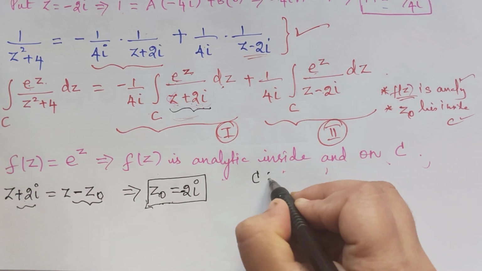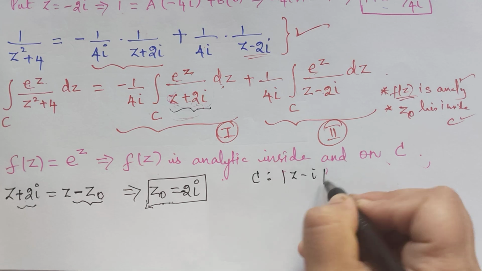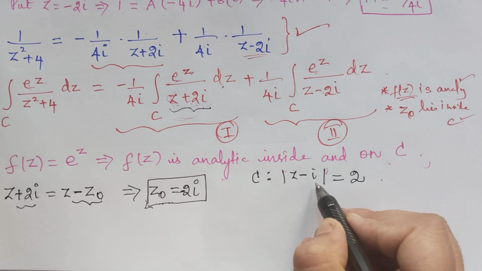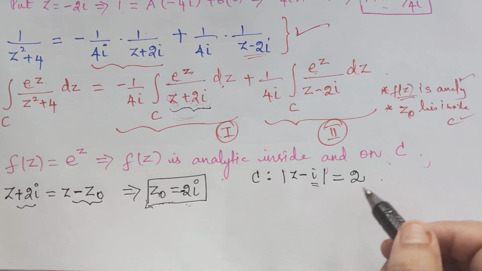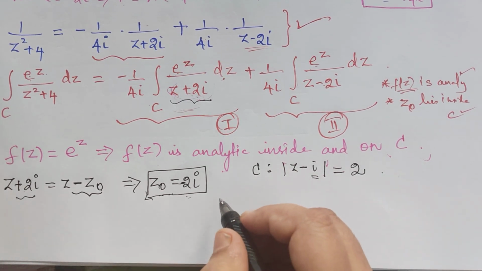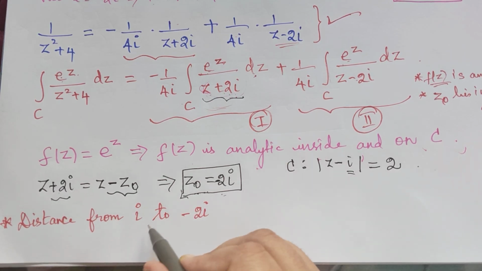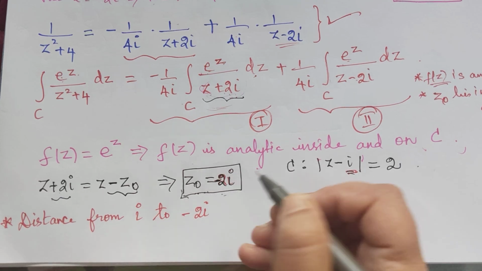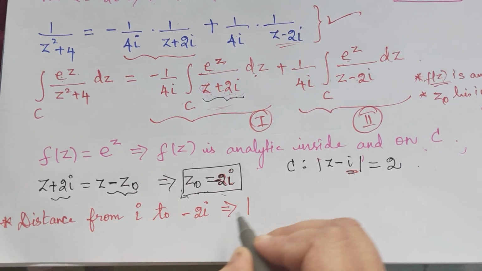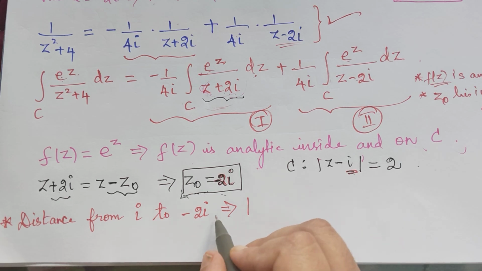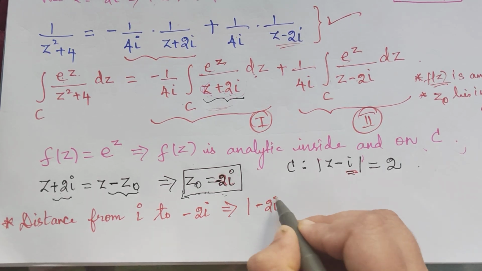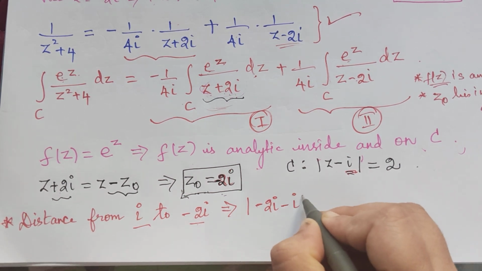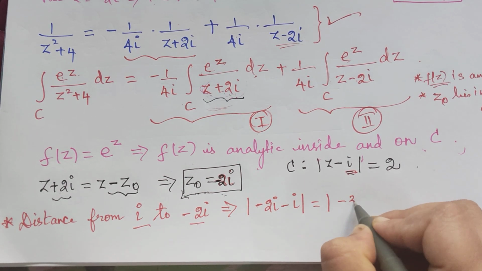We know that C is modulus of z minus i equal to 2. First we shall see the distance between the center and this point. How to find the distance? We are going to check the distance from i, that is the center, to this point minus 2i. Distance can be found by taking modulus of minus 2i minus i, which is equal to modulus of minus 3i.